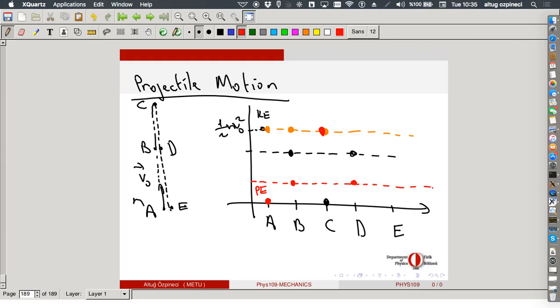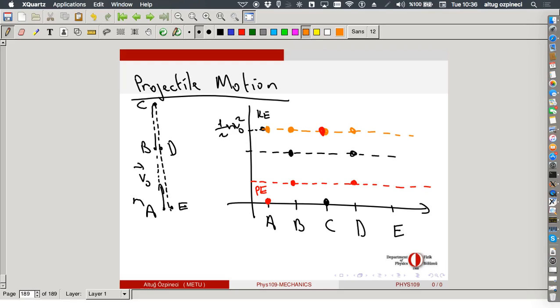Now another thing: the kinetic energies, although they are the same, just tell us that the speeds are the same. But nevertheless, their velocities are different. One is going upward, the other one is going downward. So they have different velocities, but the same speed. And finally, at the point E, what is the mechanical energy?